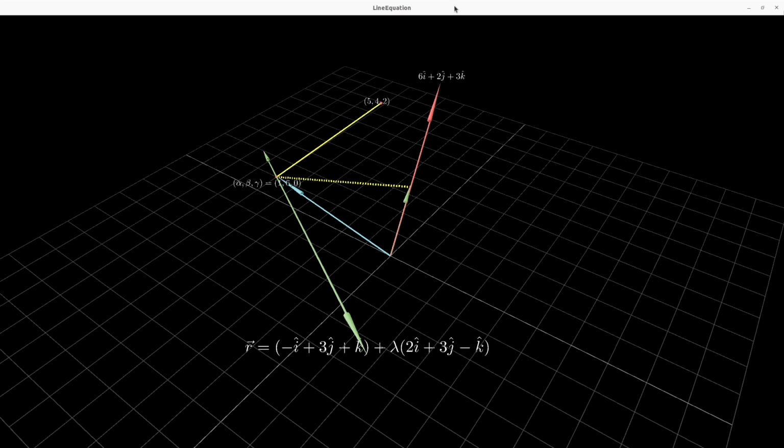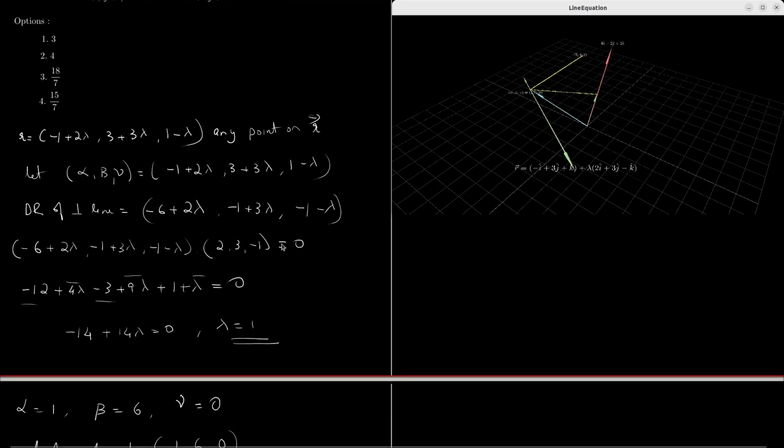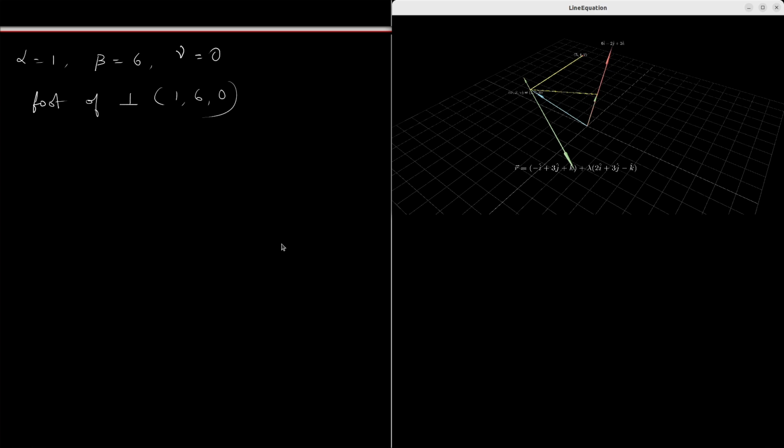How to find that? For the projection length, we need to take the dot product and then divide by the magnitude.